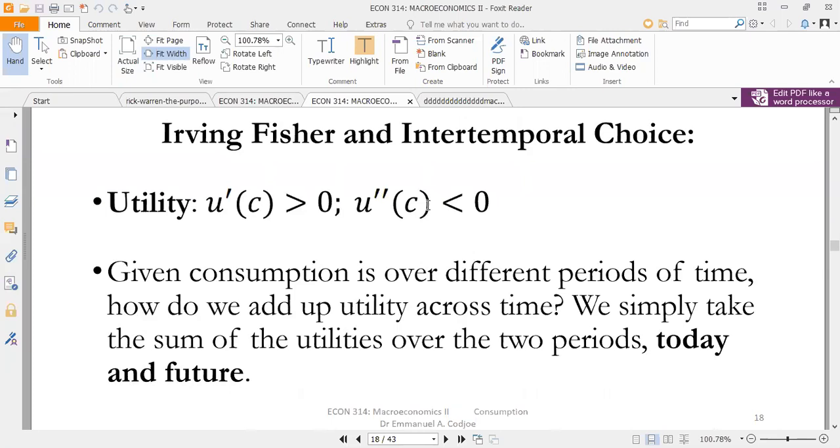All right. So now, if you want to find your total utility over the two periods, over the entire life of this individual, we just sum the utilities of the two periods. So if you consume C1 in the current period, you get a utility of U(C1). In the second period, if you consume C2, you get a utility of U(C2). So just add the two to get your lifetime total utility.